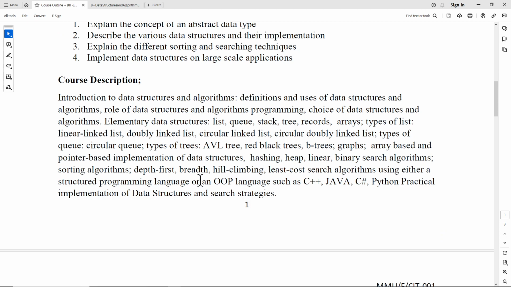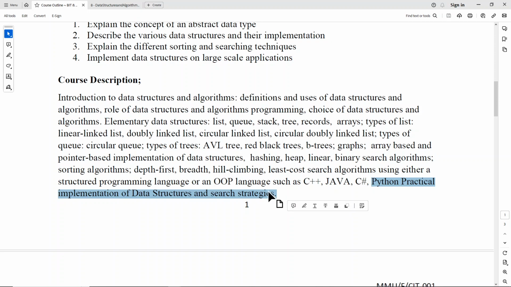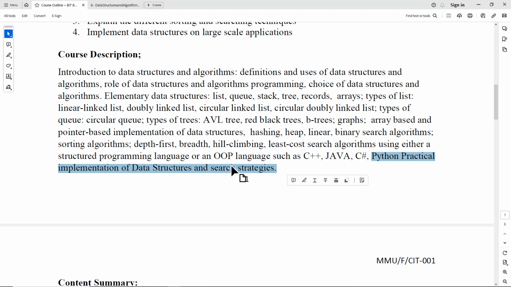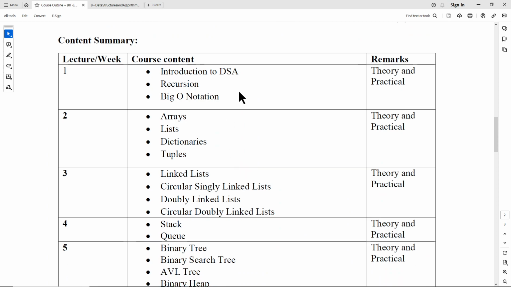Now, generally, this is a practical course, and we are going to be using the Python programming language to implement these data structures and the different algorithms that we're going to learn. Every week, we are going to be learning a bit of theory and a bit of practical on different topics.